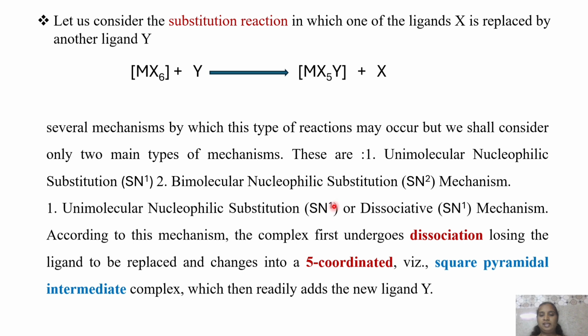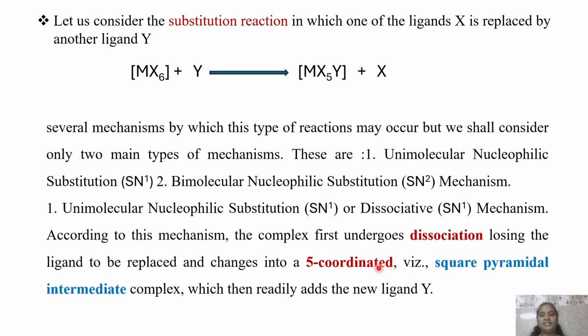Here SN1 represents or denotes unimolecular nucleophilic substitution. According to this mechanism, the complex first undergoes dissociation, meaning losing the ligand. During the loss of the ligand, the metal complex exists as a five coordinated complex.